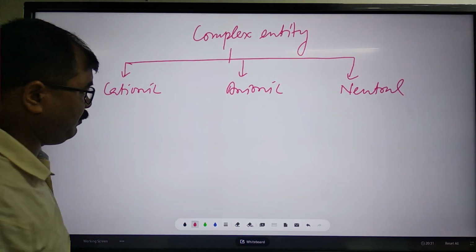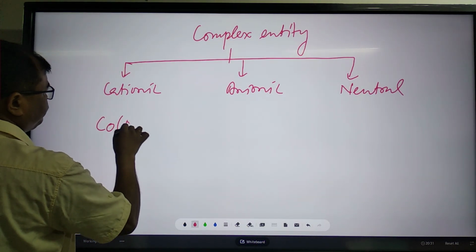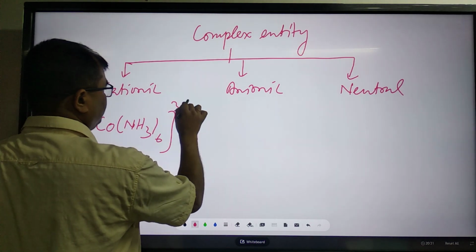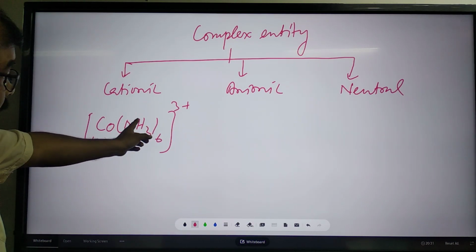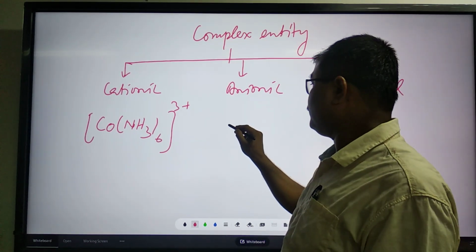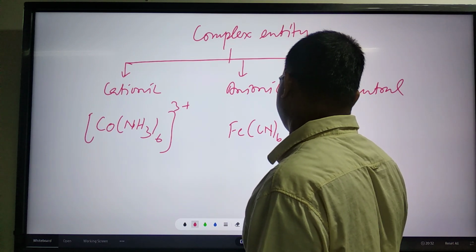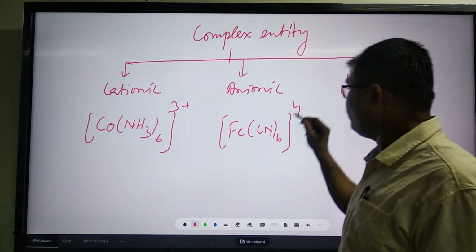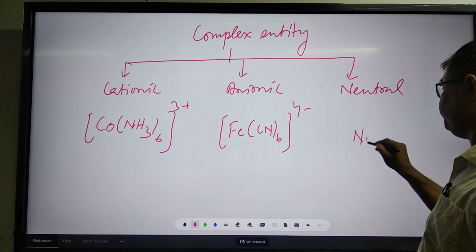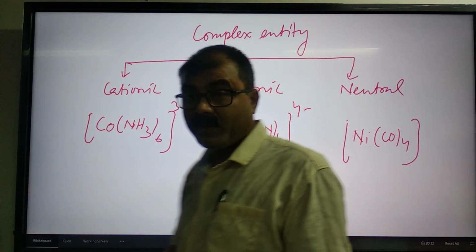Just now, the example I gave is anionic: Fe(CN)6 4 minus. See, this is a cationic entity. There are many examples. And this is a neutral one.